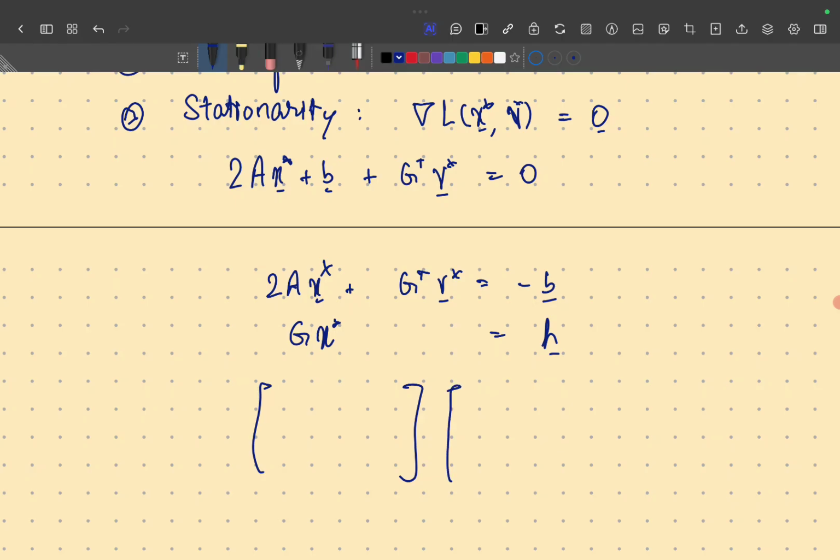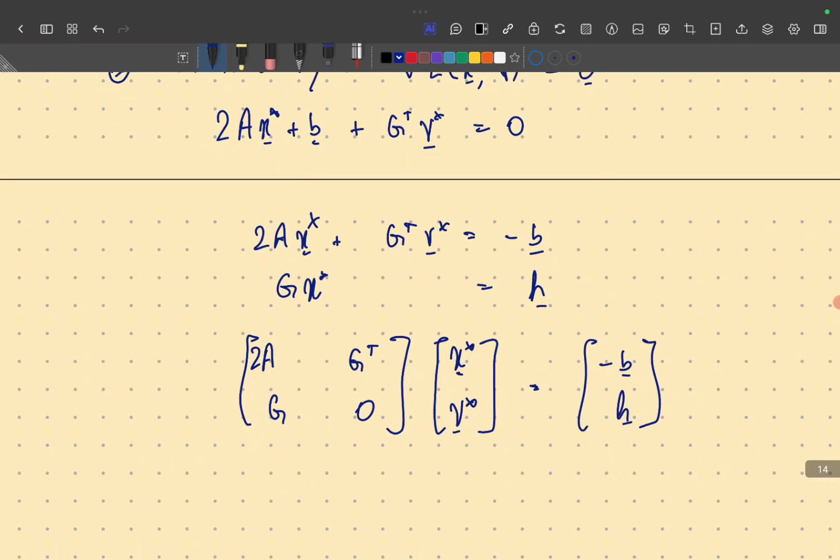I want to write this in the form of a big matrix times x star, gamma star, to be equal to minus b, h. So what will this matrix be? It is 2A, G transpose, G, 0.